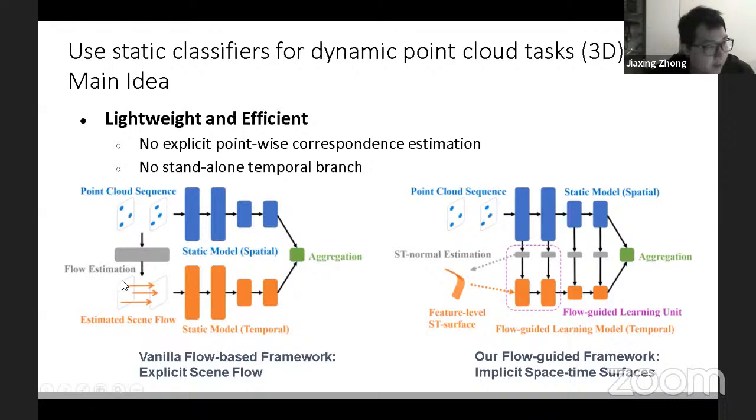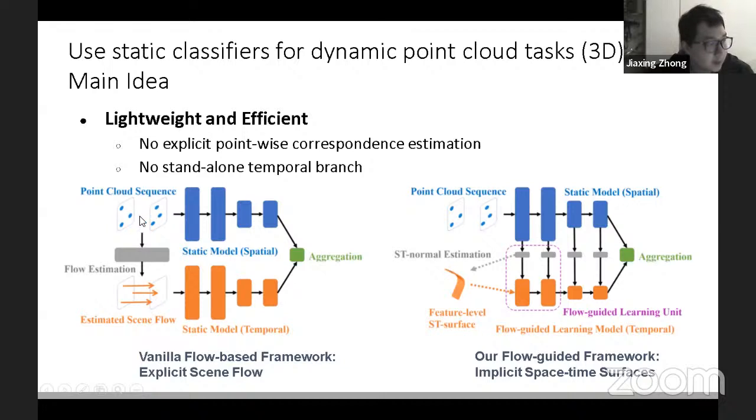Let's look at the left one. This is the typical, or vanilla, two-stream model, in which we typically have two steps to extend the static models. In the first step, we need to use a model to extract pointwise scene flow information.